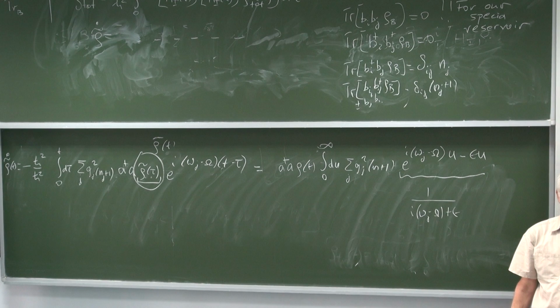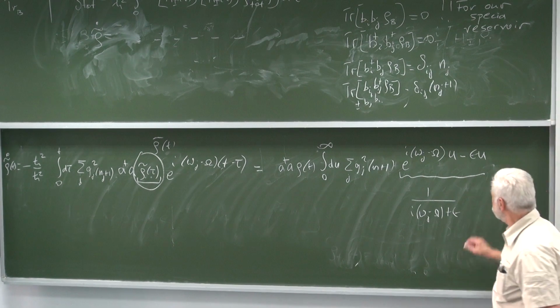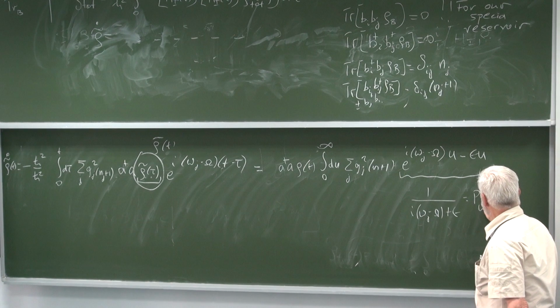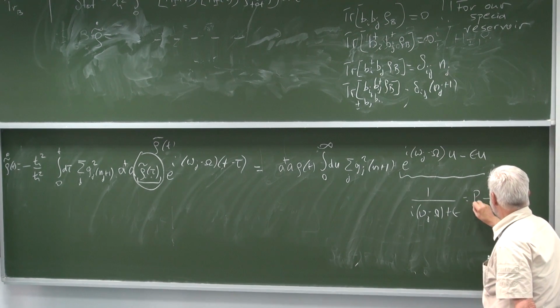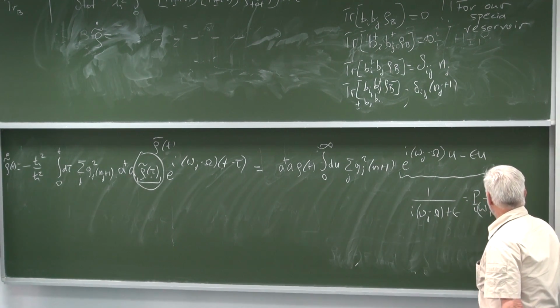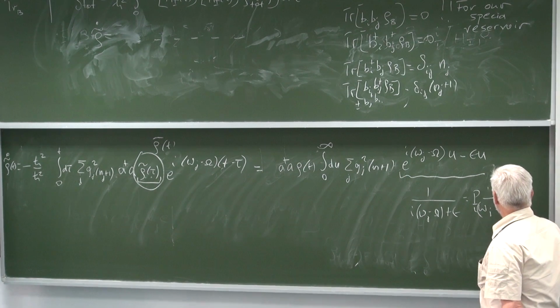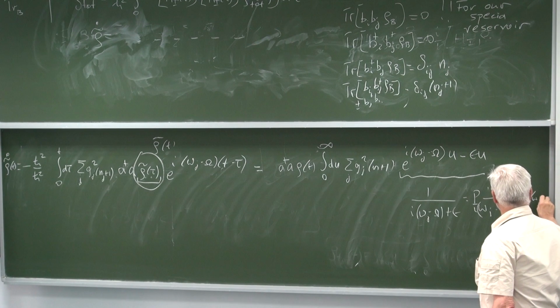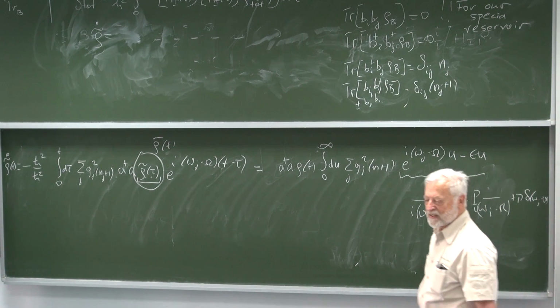Again, it's this principal value integral times imaginary unit plus pi, yes? So it's, again, this P over 1 over omega_j minus omega, plus pi times delta of omega_j minus omega. Fantastic, yes?